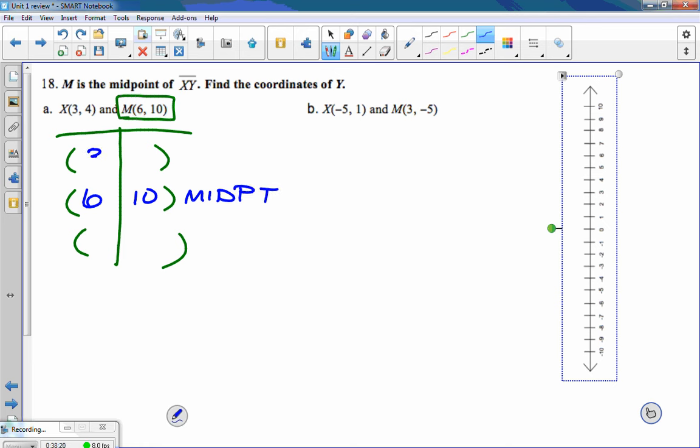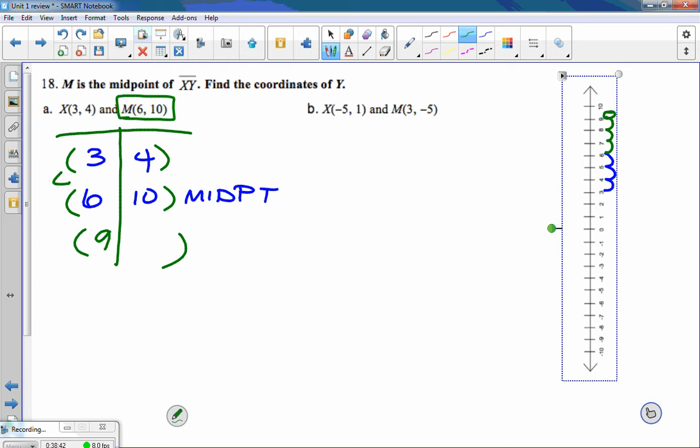This is 3, 4. Now, if you're on your number line, to go from 3 to 6, you go up 1, 2, 3. So guess what you're going to have to do again? You're going to have to go up how many? 1, 2, 3. So your answer is 9.